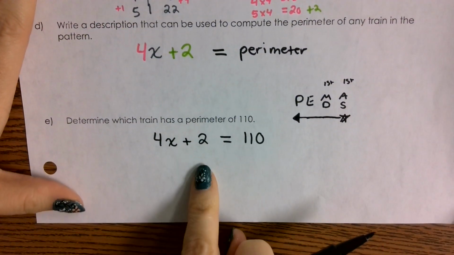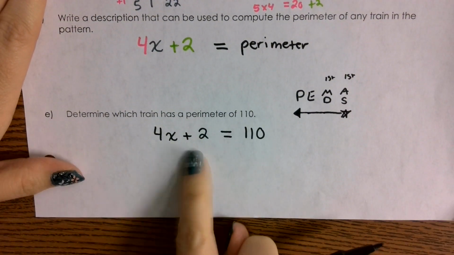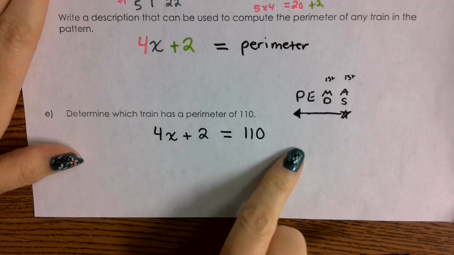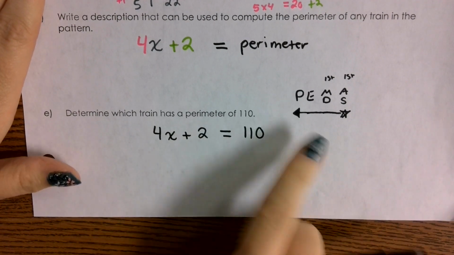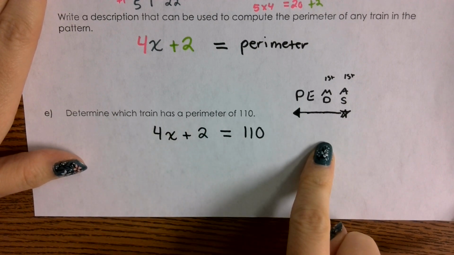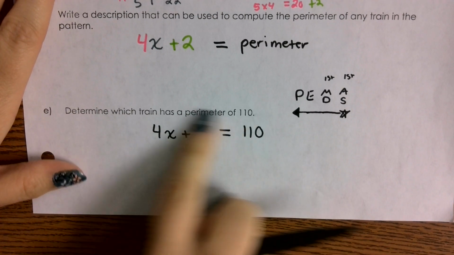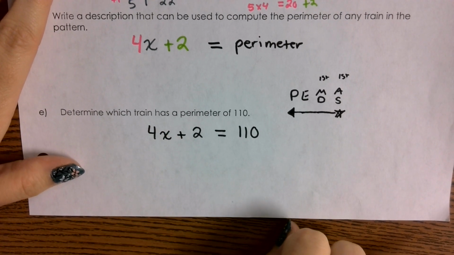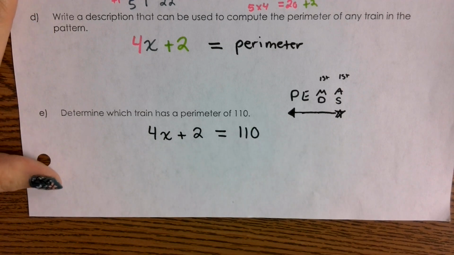In order to solve, you can only have a single variable on each side. You can have it on both sides, but only a single variable on the left and a single variable on the right. Typically you also want only a single constant on the left, maybe a single constant on the right. Then you can start doing your inverse operations.